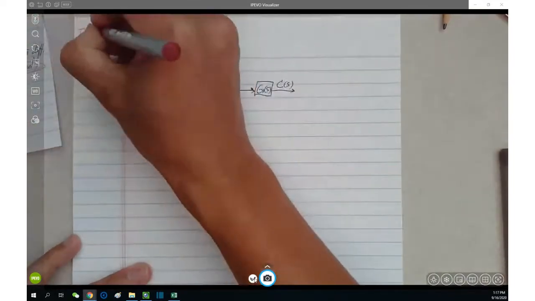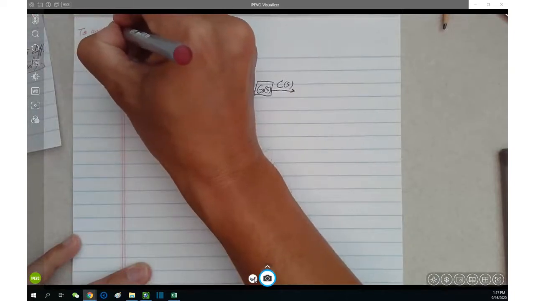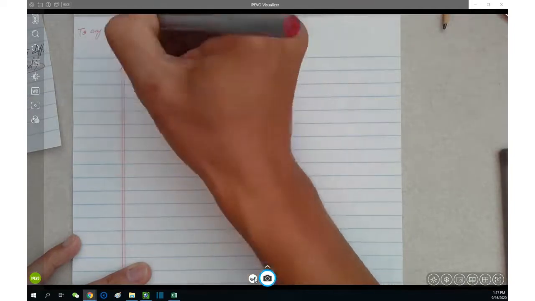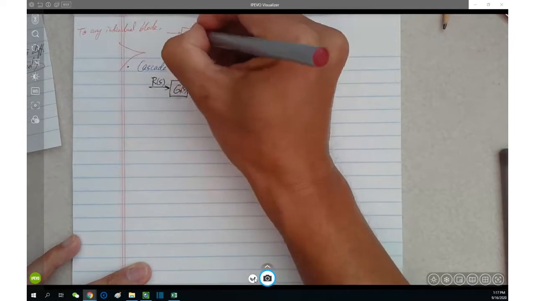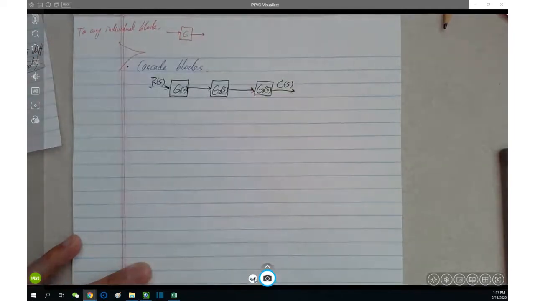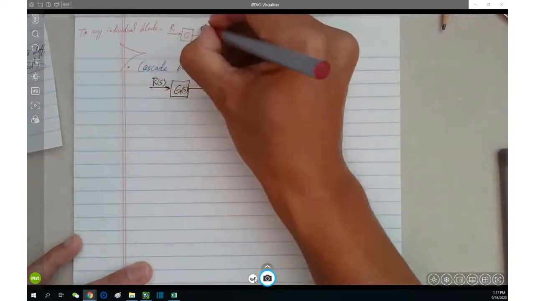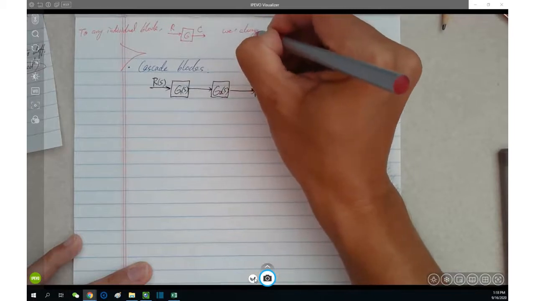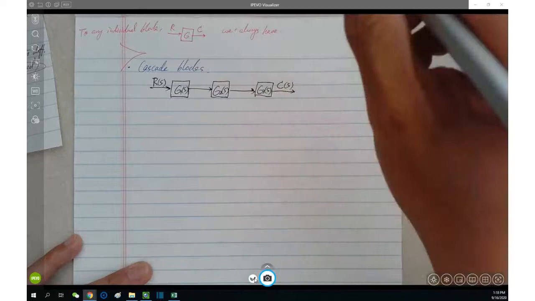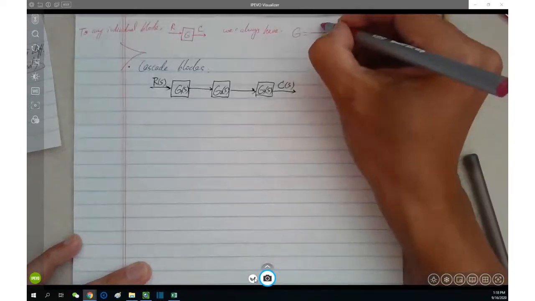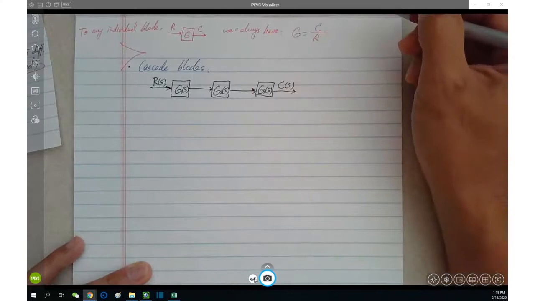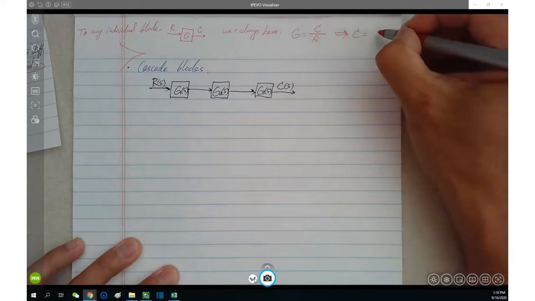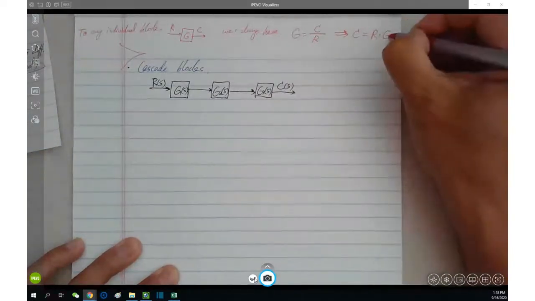To any individual block, we have input, which we call R, and output, C. We always have the definition of the transfer function, which is G equals output over input. And therefore, if you really care about the output, it equals input times transfer function. Just as easy as this.